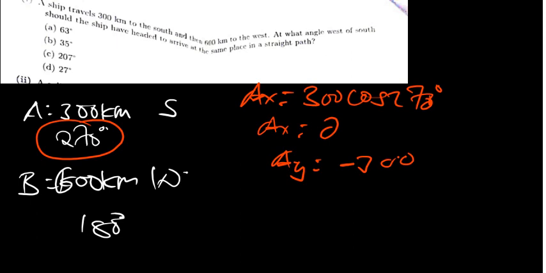Then when it comes to B, Bx is going to give us, since it is going in the negative direction, negative 600. Now you can just say 600 cos 180 is going to give you negative 600. Confirm.